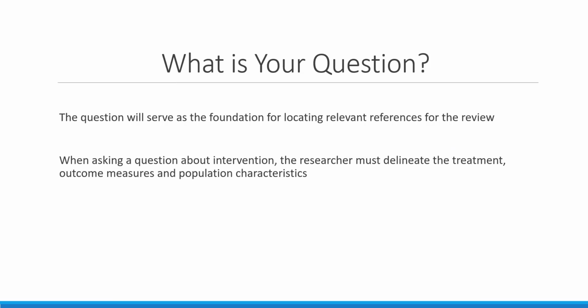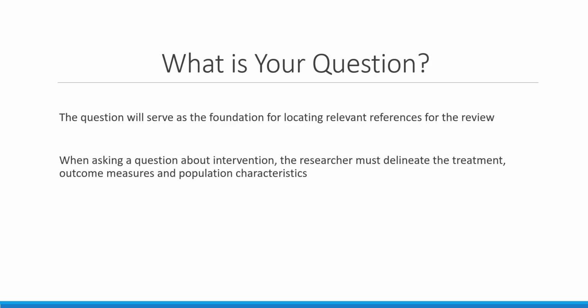So, what is your question? Again, that question is going to serve as the foundation for locating relevant references for your review. When asking a question about intervention, you need to delineate what's the treatment. So, what is your I? What's your intervention? On top of that, what is your comparison? Is it a control or is it kind of the current standard of practice?